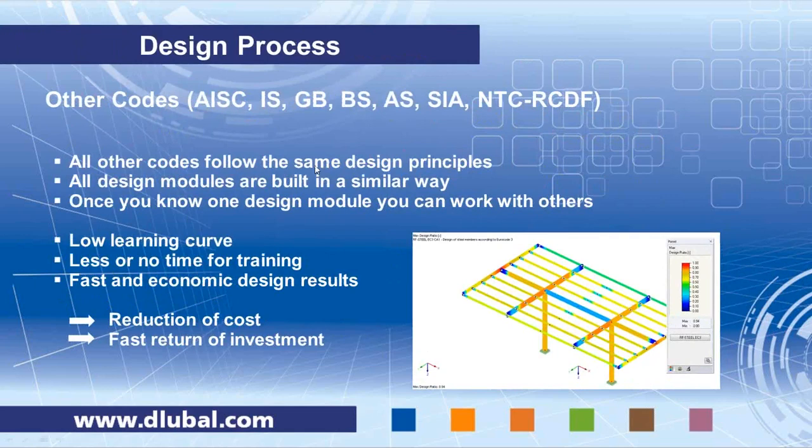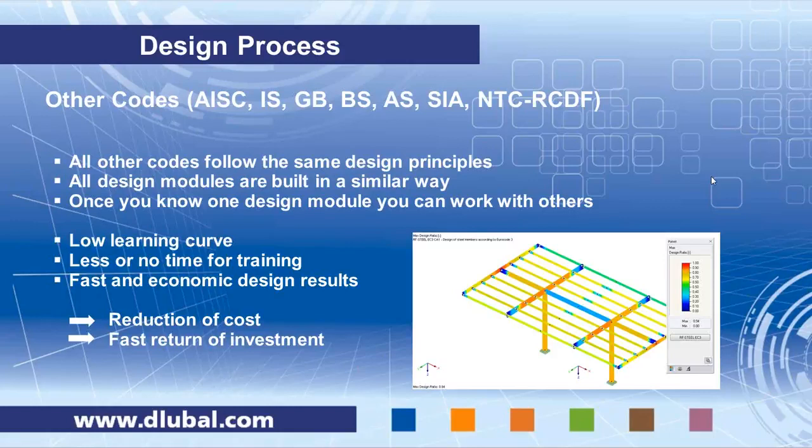Once you have understood how we do the design process in Eurocode, you will be able to apply this knowledge also for AISC, GB, which is the Chinese code, British standard, Australian code, Swiss code, and Mexican design codes. Everything follows the same red line, everything follows the same design principles, and once you know one module, you most likely can work with the other modules because everything is tailored the same way.